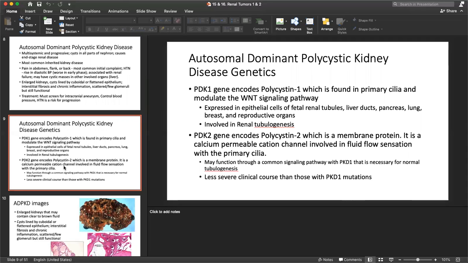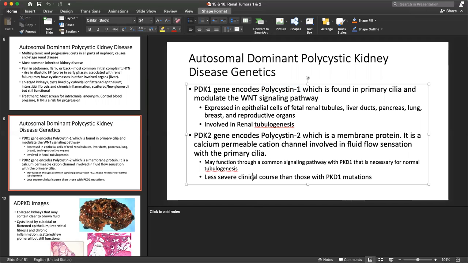Okay. So PKD1 and 2 are going to be the genetics, and don't just memorize PKD1 and 2 like I did. Know that it stands for polycystin 1 and 2. I just know it's PKD1 and 2.